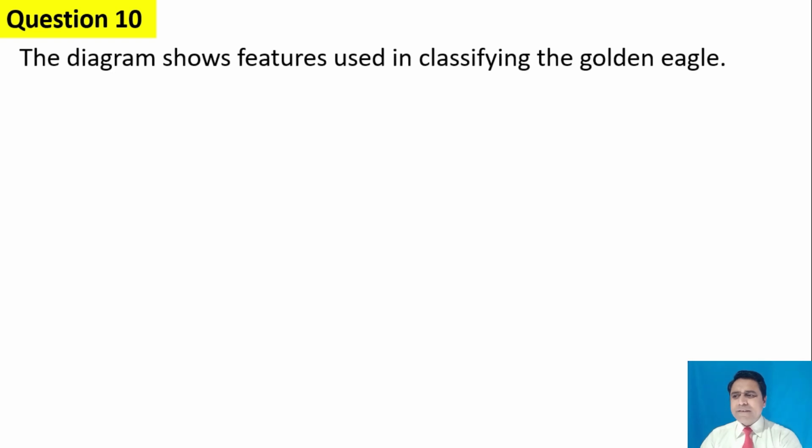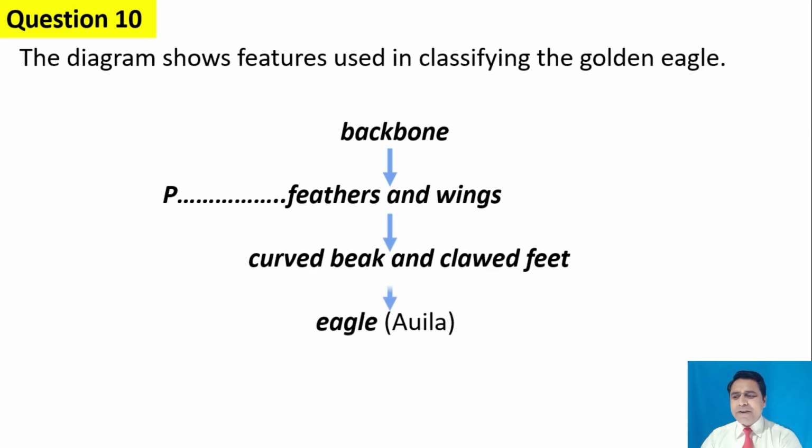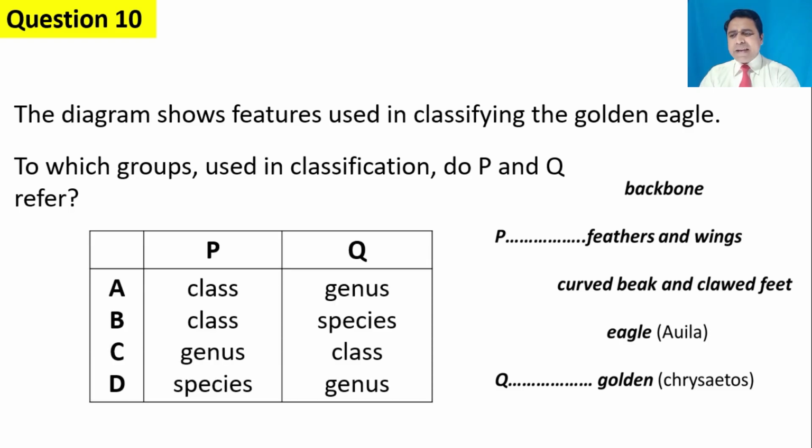Question 10. The diagram shows features used in classifying the golden eagle. Backbone, feathers and wings, curved beak and clawed feet, eagle, golden. To which groups used in classification do P and Q belong? Option A, P is class and Q is genus. Option B, P is class and Q is species.